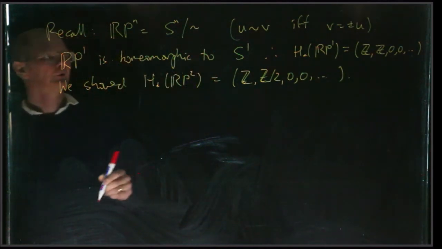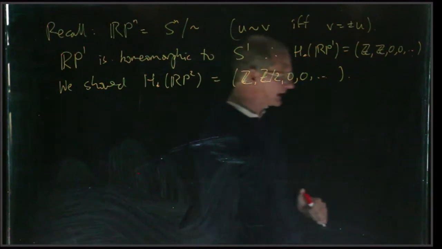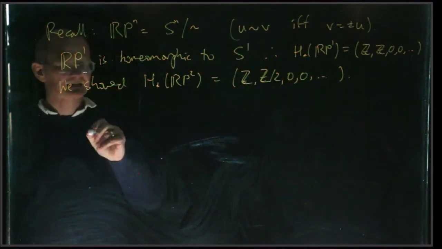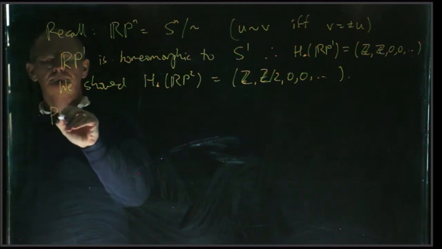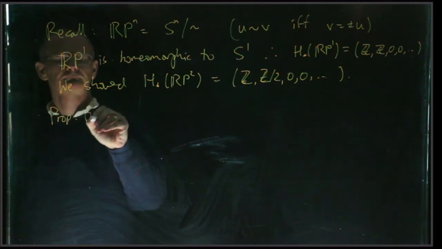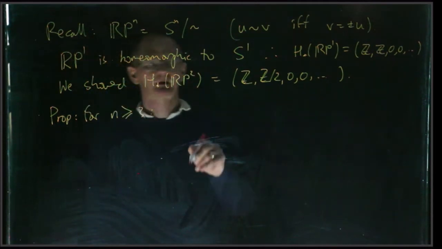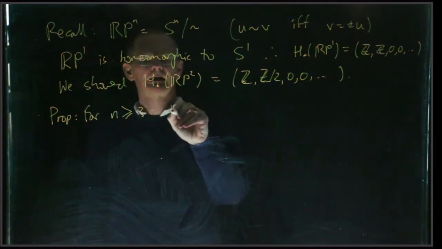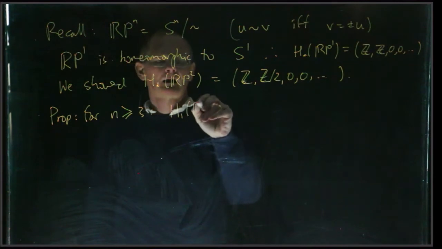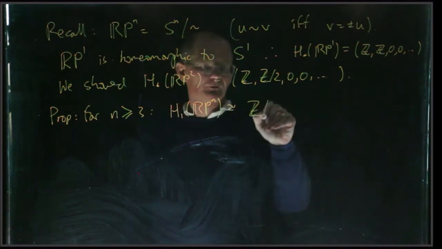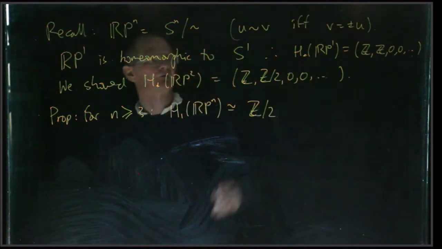And we're not going to do a complete calculation of the homology of RPn, not here, but we're going to at least say some basic stuff. I'm going to say that for n at least 3, firstly, H1 of RPn is still the same, Z mod 2. It's the same as we had for RP2.